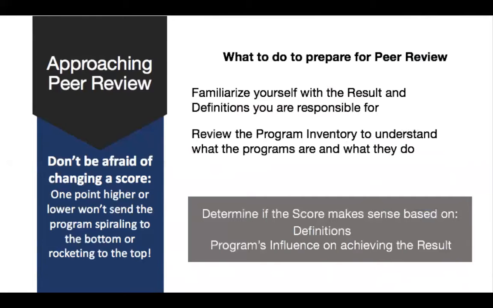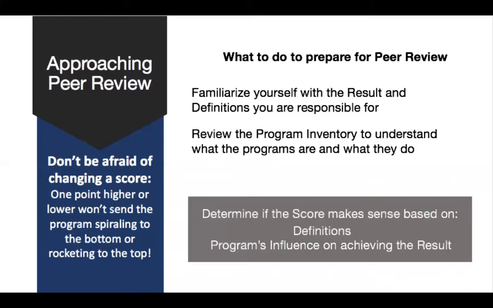Every single program is going to be reviewed based on all 4 community results or all 5 governance results, with the additional review against the 5 basic program attributes. So your recommendation to change a score, whether you're raising or lowering the score, is not going to be the deciding factor for a program's Q1 assignment or Q4 assignment. So don't be afraid of changing a score.